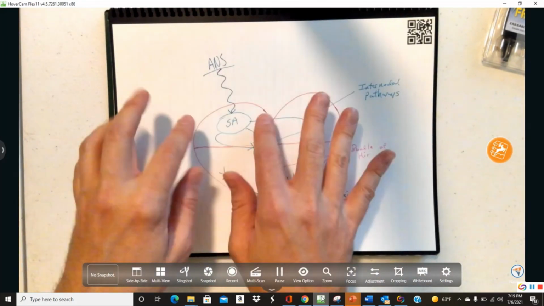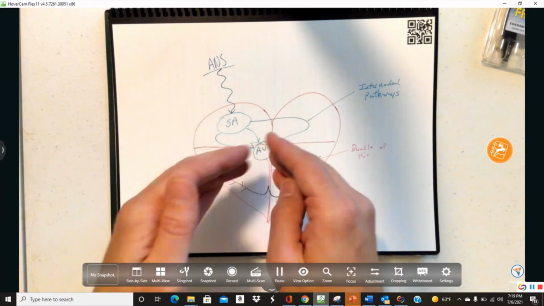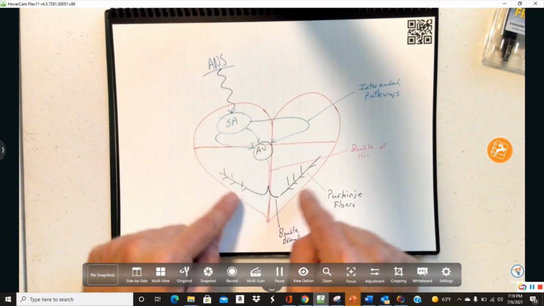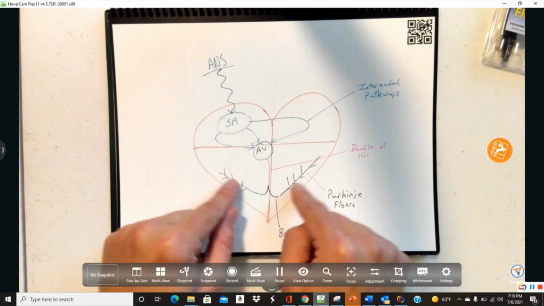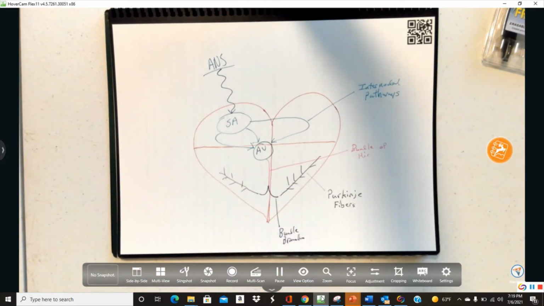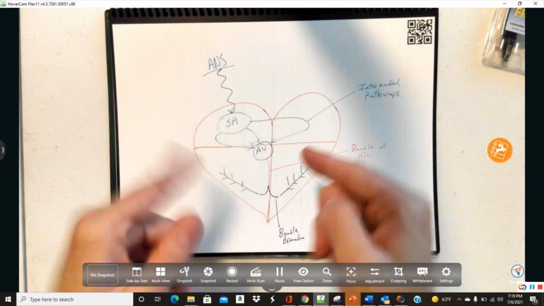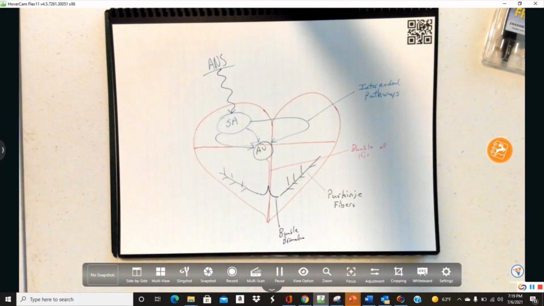And then the SA node and the AV node follow, and then we go through the bundle of His, the bundle branches, out to Purkinje fibers. And this is distributing the electrical impulses through the heart to time it so that it beats well. See, the heart has to get timed.